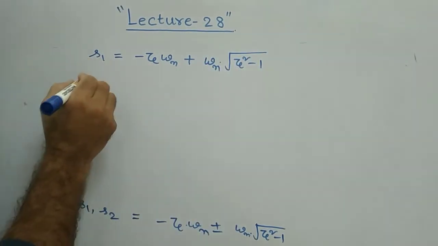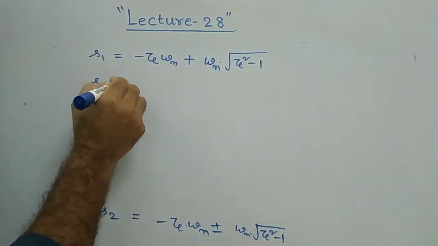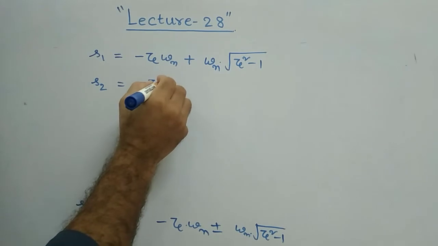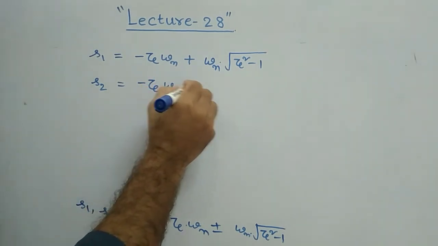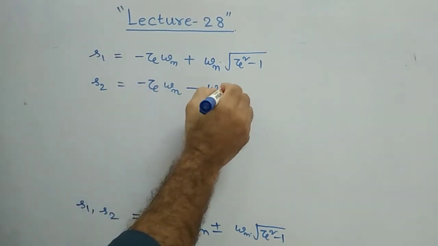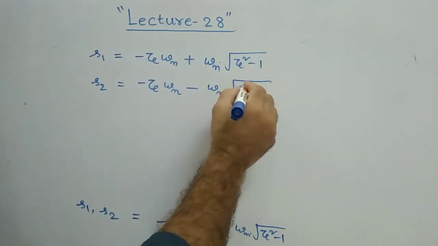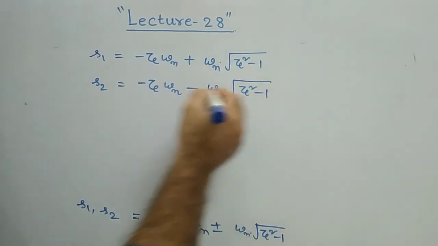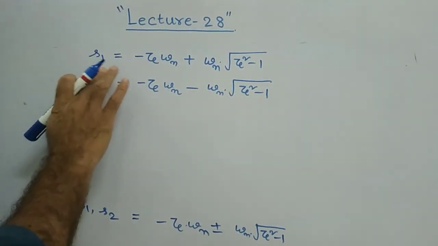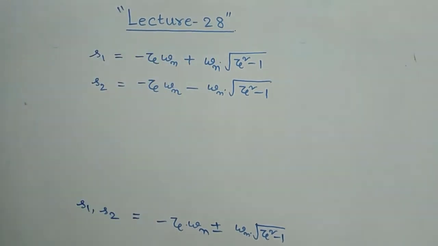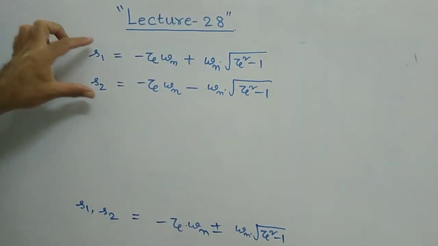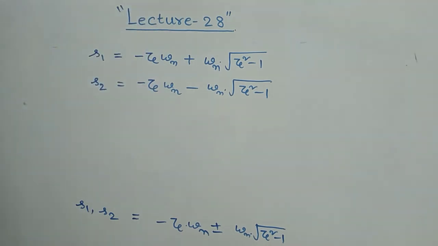That is what your S1. Similarly, what is your S2? S2 is equal to minus zeta omega n minus omega n into square root of zeta square minus 1. These are your two roots of that given characteristic equation. Clear? These two are the two roots of your characteristic equation.